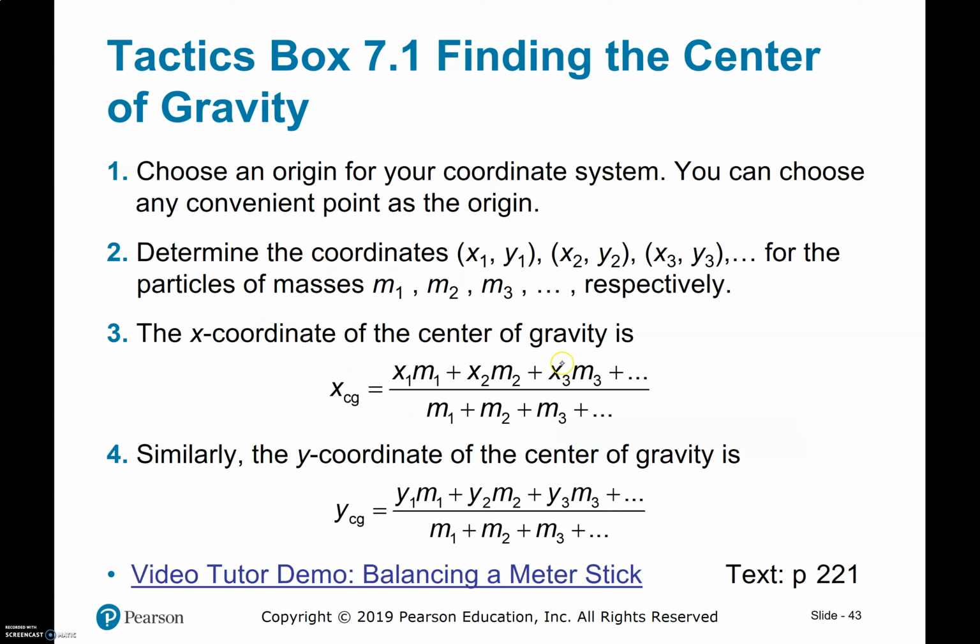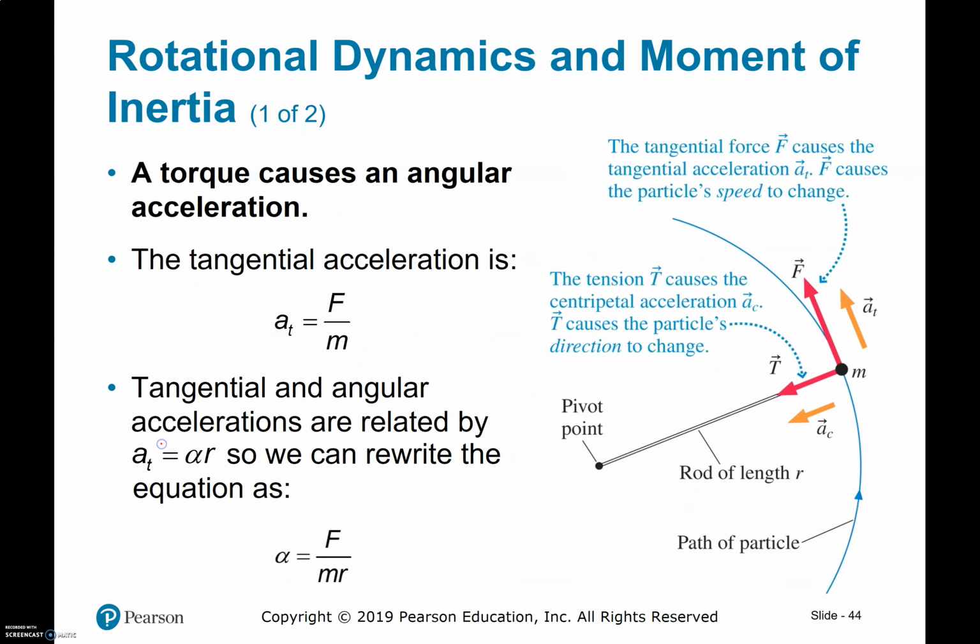If you have more than one mass, then you can extend that formula. You have x1 m1 plus x2 m2 and so on, divided by the total mass. And the center of gravity would be the position of a vector, a point in space. So it has two coordinates, right? X and Y. So you need to find coordinate X and coordinate Y.